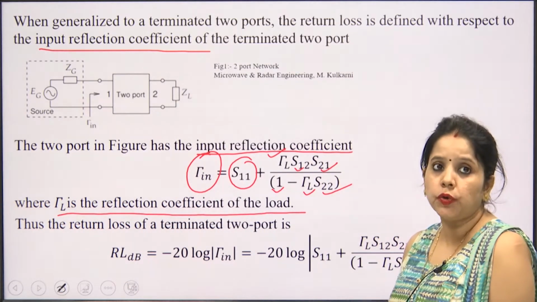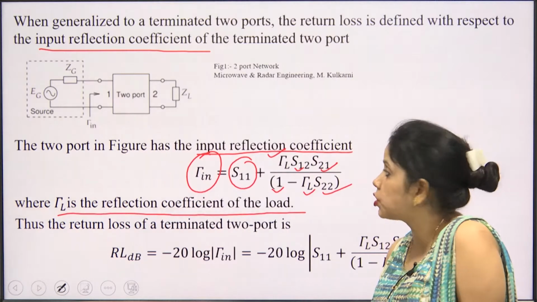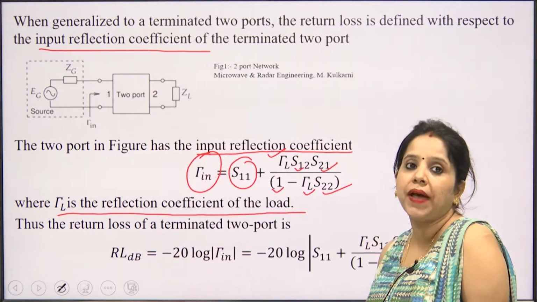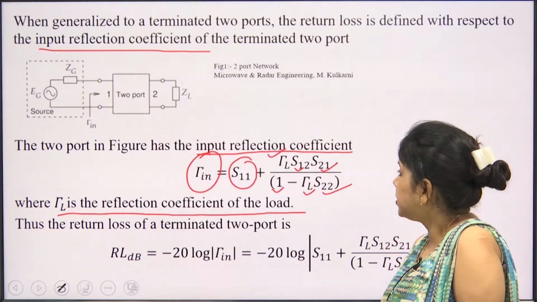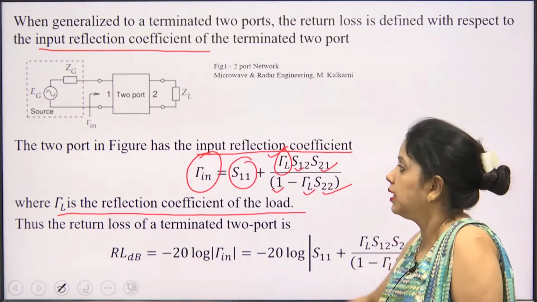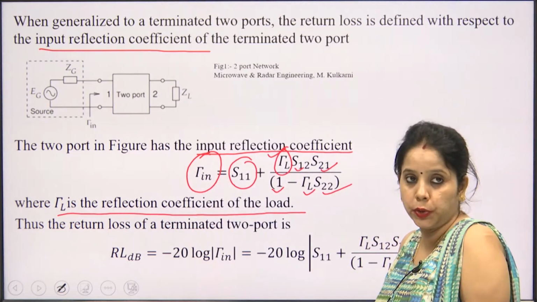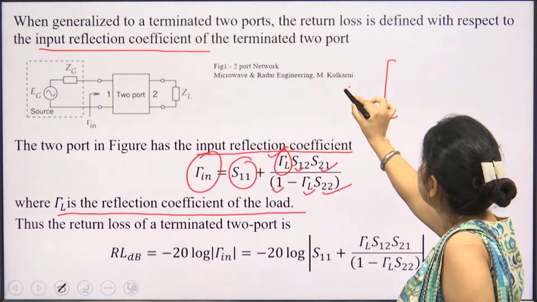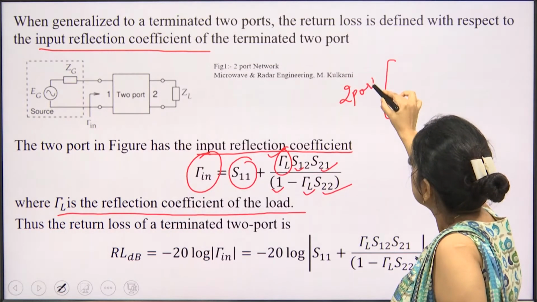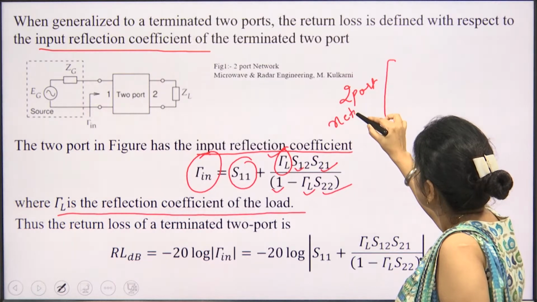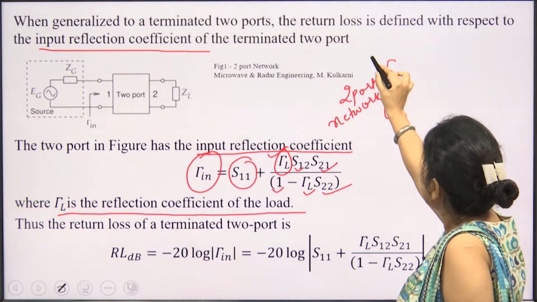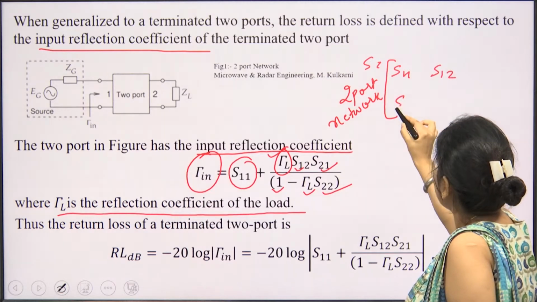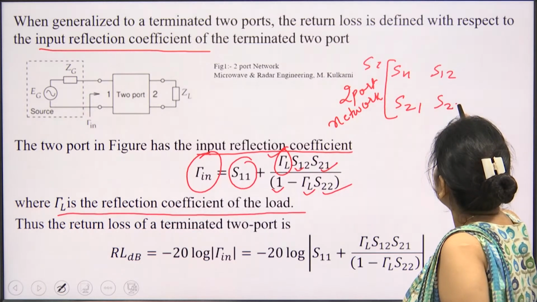So, if we want to define the return loss in terms of the input reflection coefficient, given by gamma in, what parameters are required? First, we require gamma L, the reflection coefficient of the load, and if we have a two-port network, we can have the S parameters as S11, S12, S21, S22.